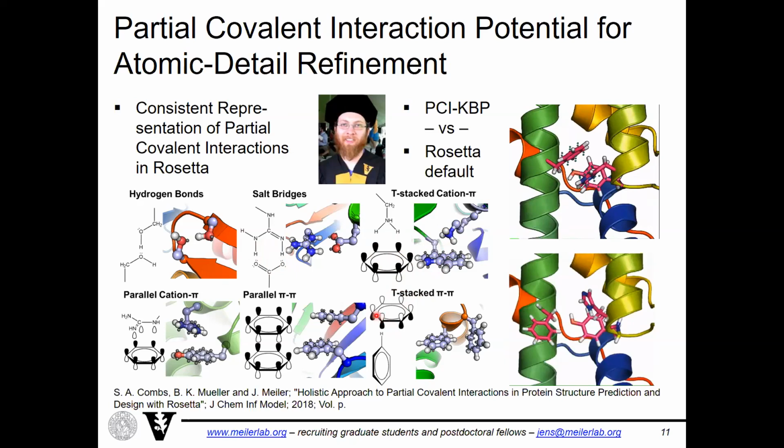These interactions are particularly important since they are frequent in interfaces between antibodies and their target proteins. So by improving the Rosetta energy function to more accurately model these interactions, we can have a higher success rate when we predict the structure of antibodies and when we design these interactions.